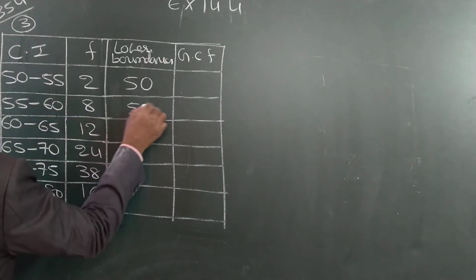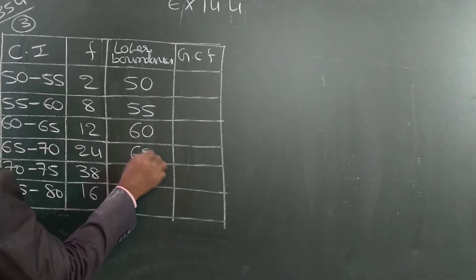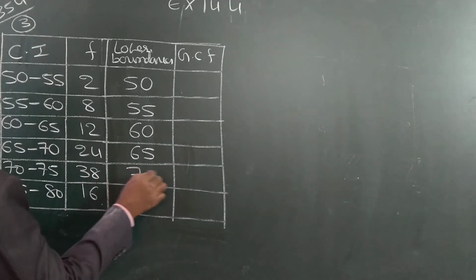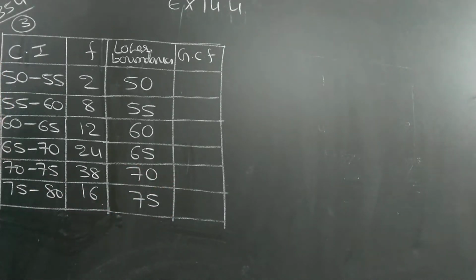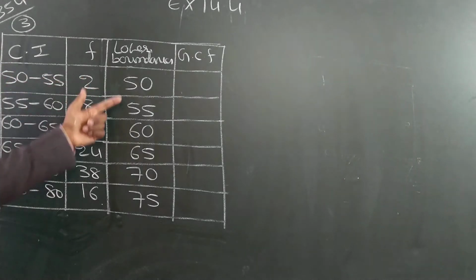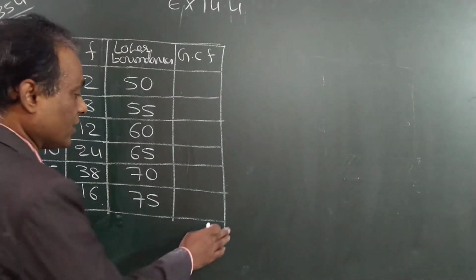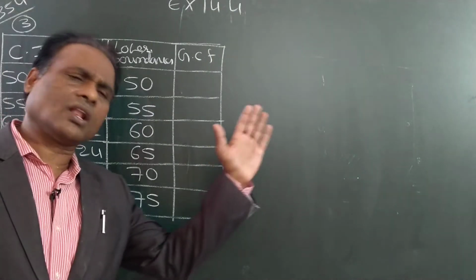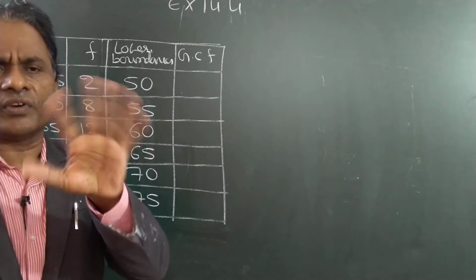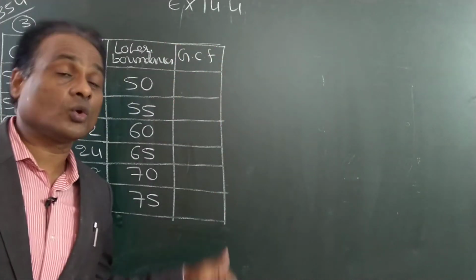Lower boundary is 55, lower boundary is 60, lower boundary is 65, lower boundary is 70, lower boundary is 75. These are the lower boundaries: 50, 55, 60, 65, 70, 75. And greater than cumulative frequency: in the last exercise, the median exercise, almost all problems, maybe we solved 7, 8, 9 problems, in all that, we calculated less than cumulative frequency.